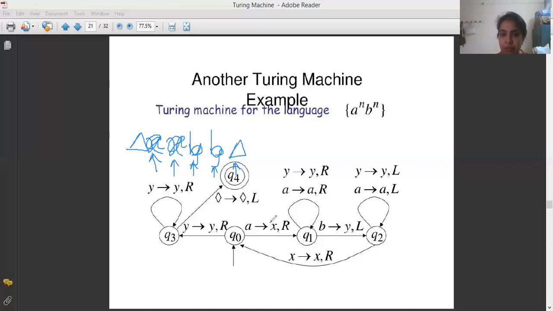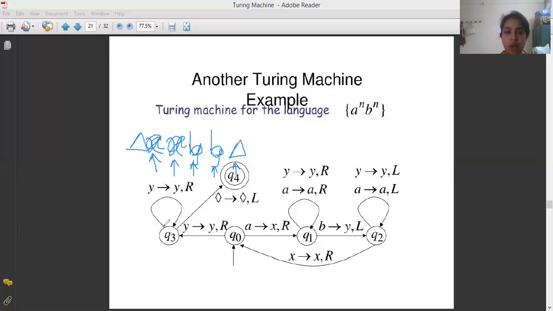Again, this A is replaced with X. Move again towards right till you find the next first B. Replace it with Y, and again keep on moving towards left till you come back to the recent X. So keep on repeating this cycle of converting A's into X and B's into Y's. And finally, when you keep that X as it is and move towards right and find that there are no more A's, but directly a Y on the right of X, what will you do?